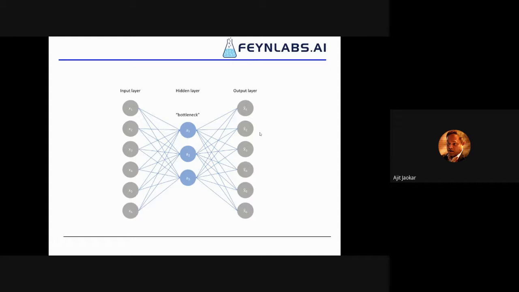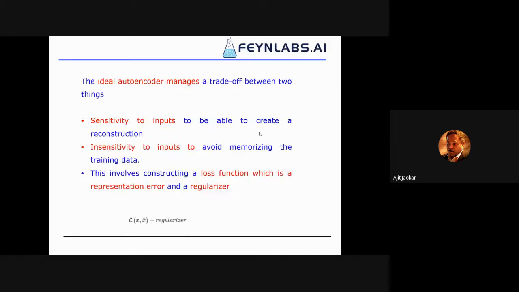Once you are satisfied with the reconstruction, you can then say that the bottleneck is effectively valid. So the smaller compression layer created from the bottleneck is a valid representation of the input if your reconstruction error is minimized, and that's the basic idea behind it.